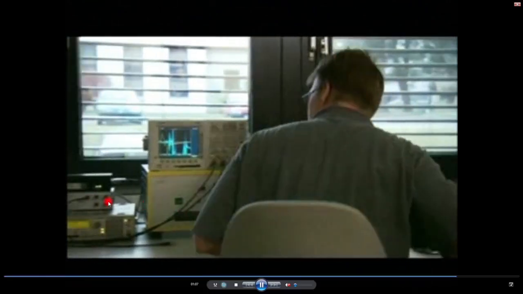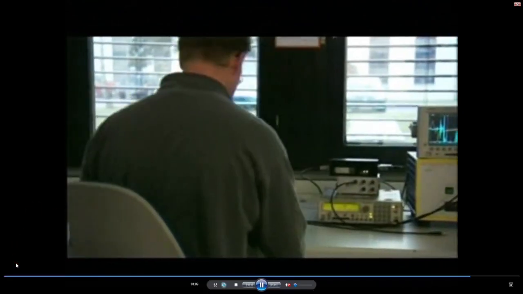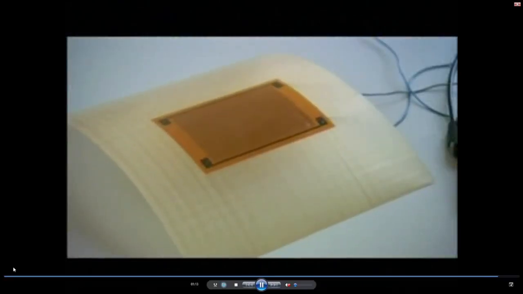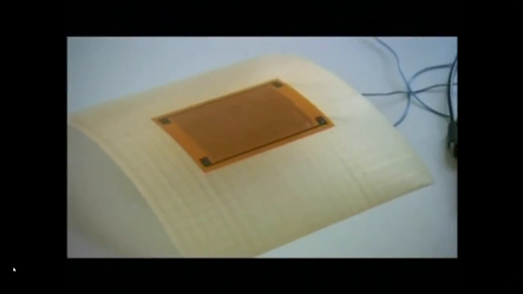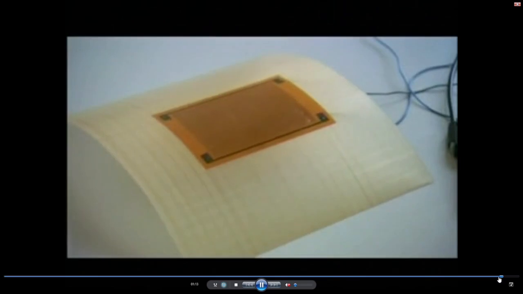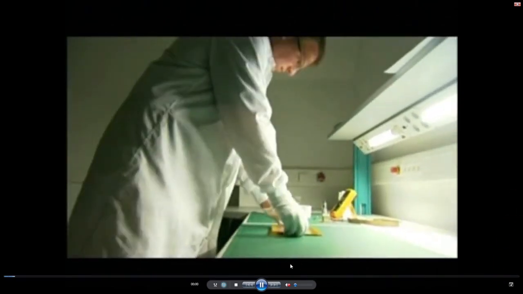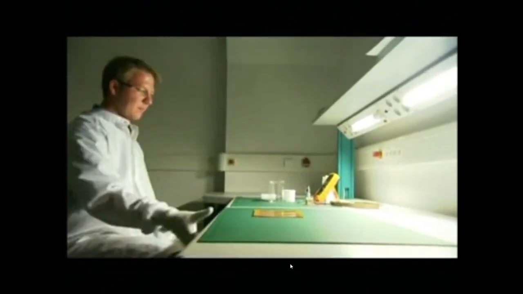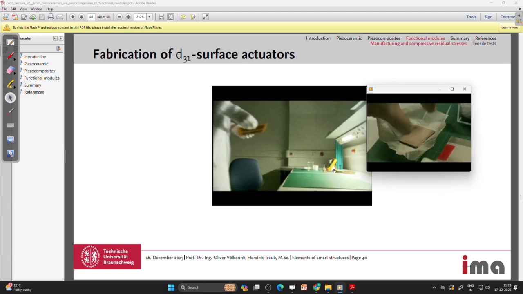So this is the final functional module. And here you can see the transducers in action. Maybe I jump back to this again, where a plate is actuated and forms like this or deforms like this.